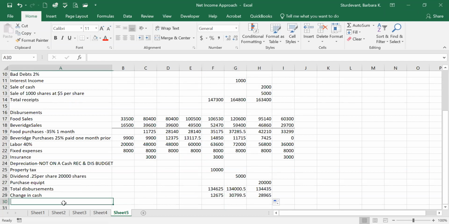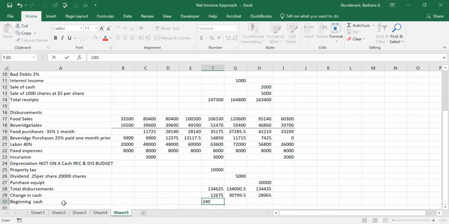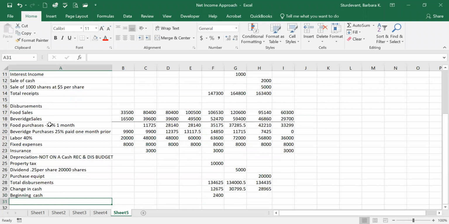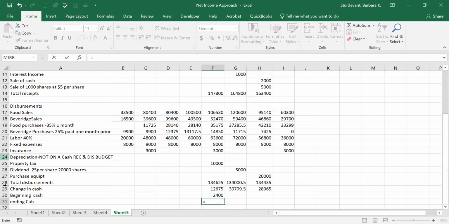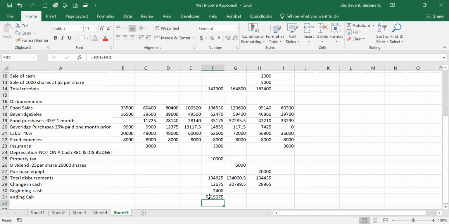They told us the beginning cash, that was at the very beginning of the problem, for July 1st was 2,400, which means that our ending cash will be your change plus the beginning cash.